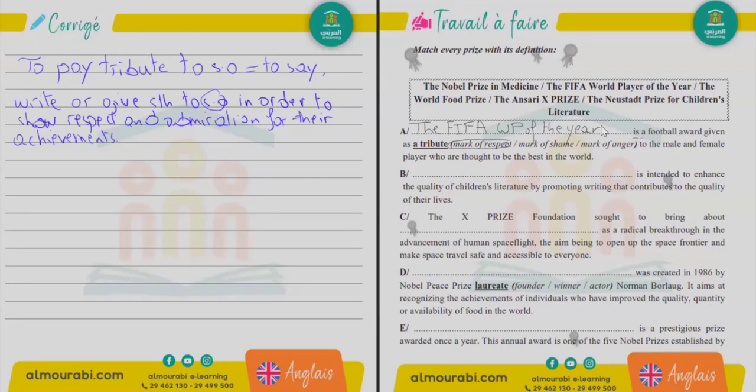Now, moving on to the next prize. Anyone to read first? Yes, Hiba, please. It is intended to enhance the quality of children's literature by promoting writing that contributes to the quality of their lives.